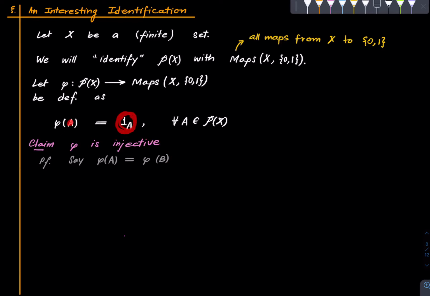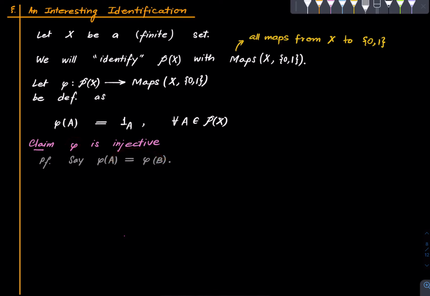The indicator function of the empty set is the function which takes the value 0 everywhere. I just wanted to say that. Now let's continue. Suppose phi A equals phi B for some A and B subsets of X. We want to show injectivity of phi, which means we want to show that A and B are the same.